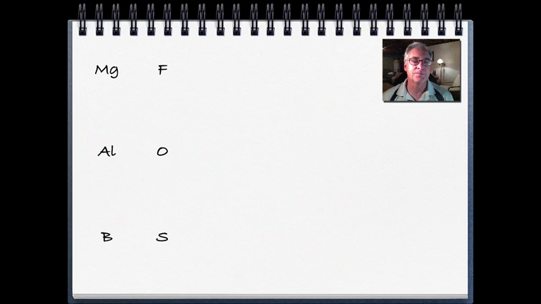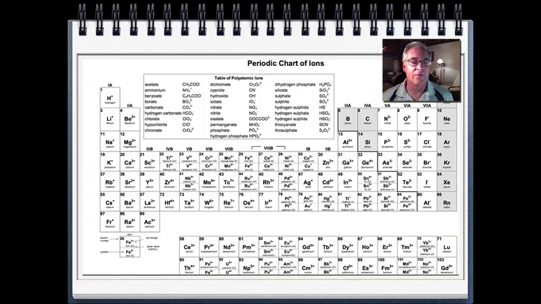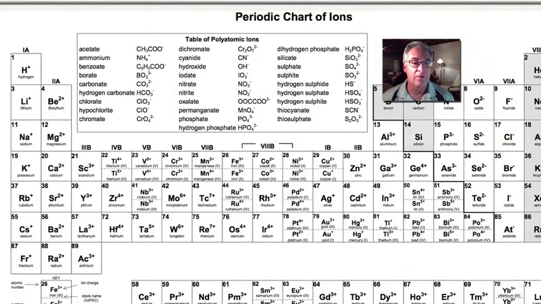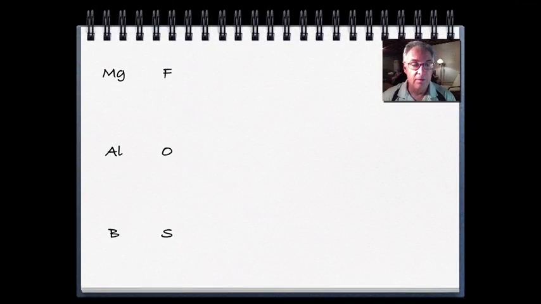We have magnesium, and we have fluorine. To get an idea of what we have here, if you take a look, magnesium has a +2. Fluorine has a -1. So we're going to just crisscross them.